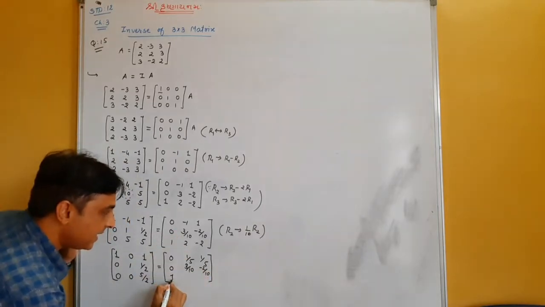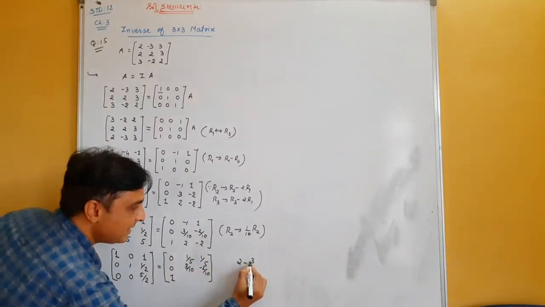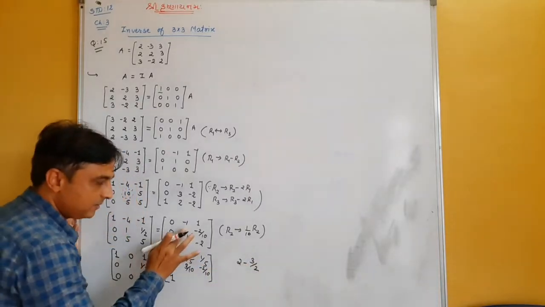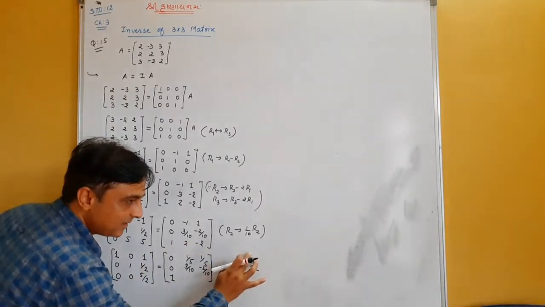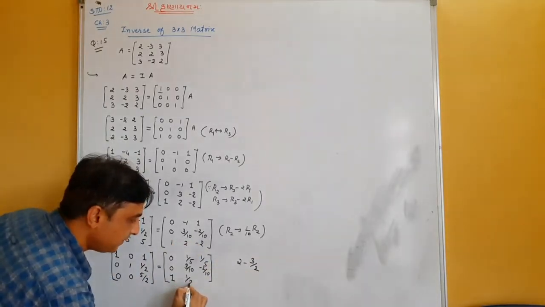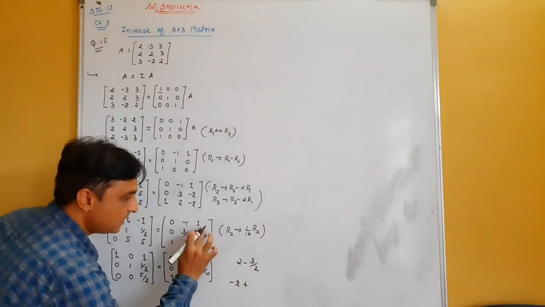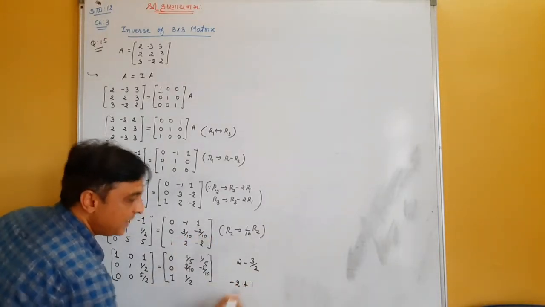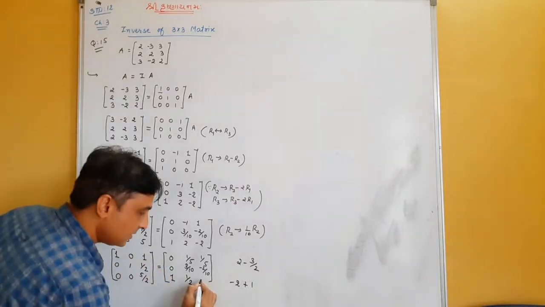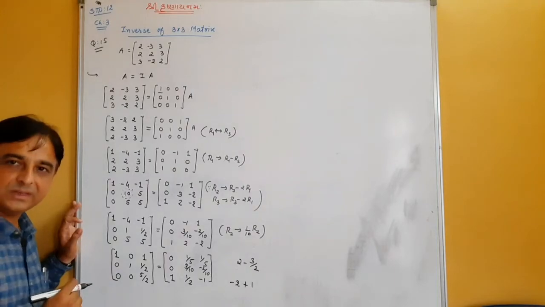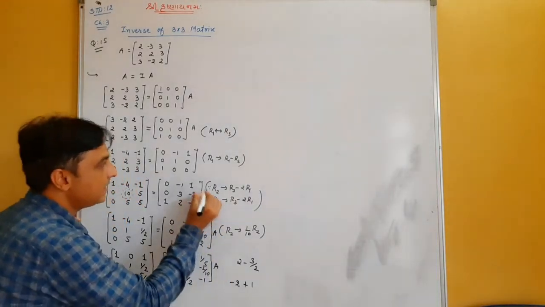Multiply with 5 and subtract: 2 minus 3 by 2. 5 twos are 10, 2 twos are 4, minus 3, 1 by 2. And this is minus 2 plus 5 by 10, minus minus plus 1. So it is minus 1, into A.